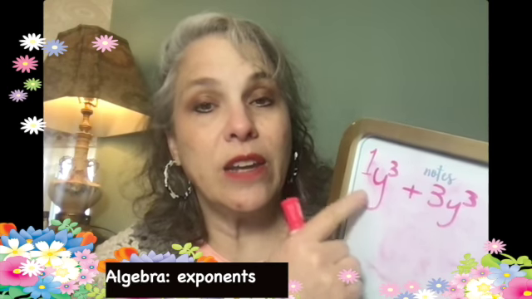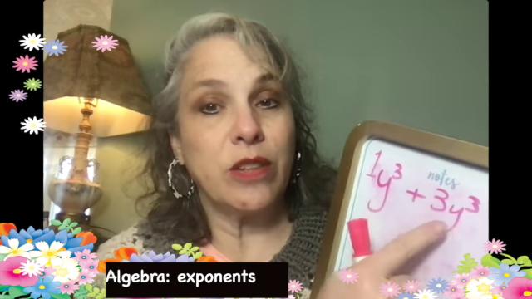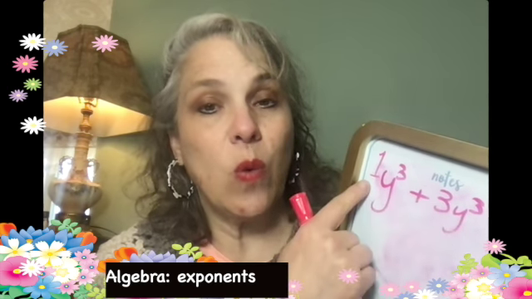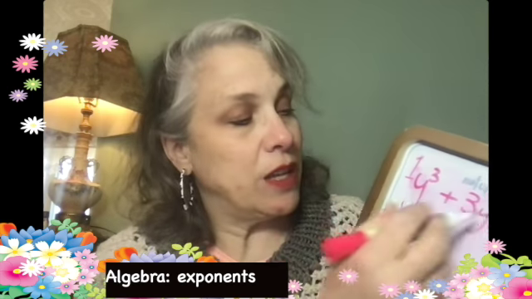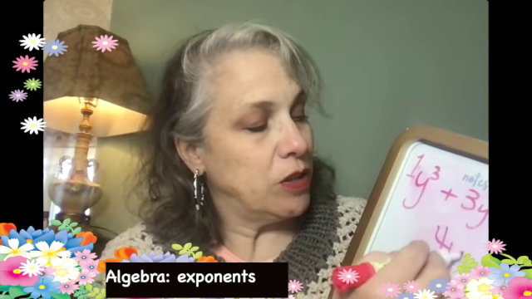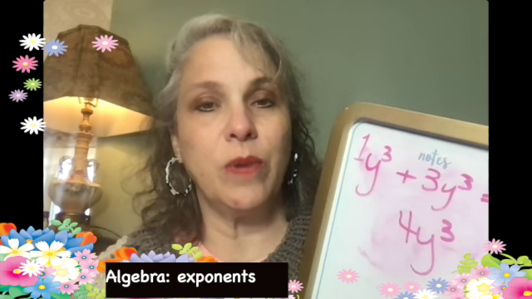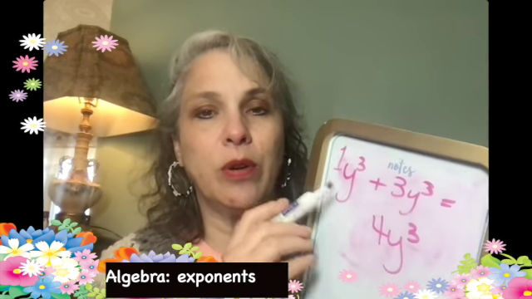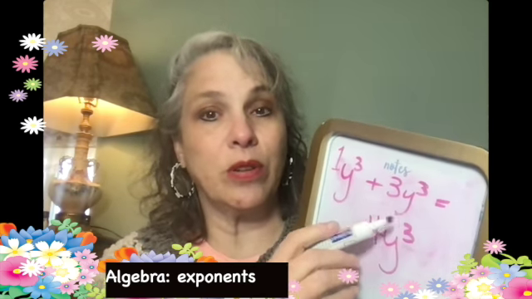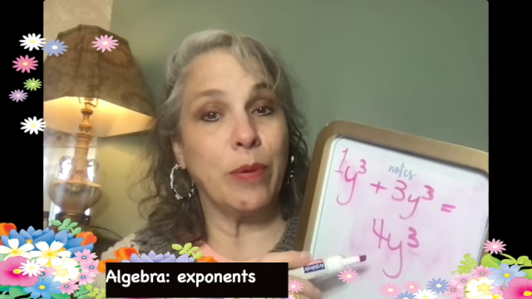So if I add one of these plus 3 over here, 1 plus 3 is equal to 4. So this is 4y cubed. Kind of like if I said 1 apple plus 3 apples equals 4 apples.